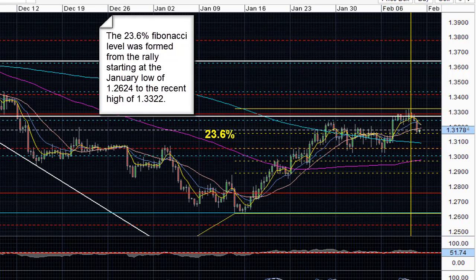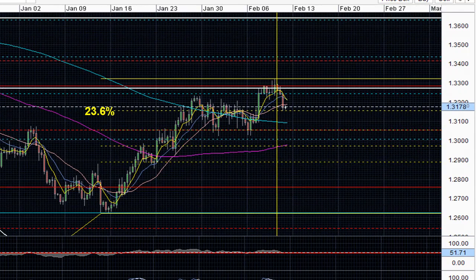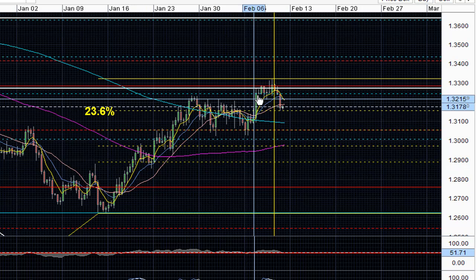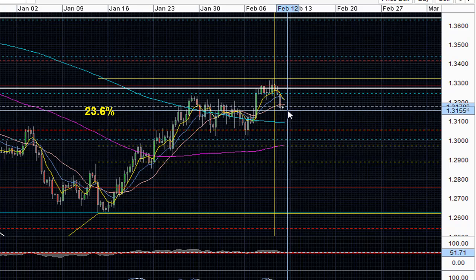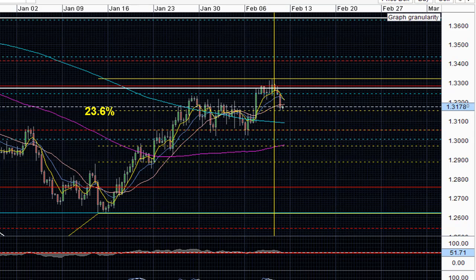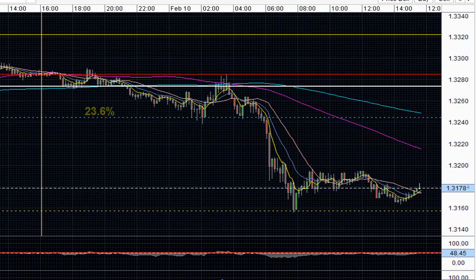And I know it can be kind of difficult to see. Let me try to move this over. But you can see how price fell from the high here, and it found support at this 23.6% Fibonacci level at 1.3157. So this area served as good support. So let me go back to the 10-minute chart.